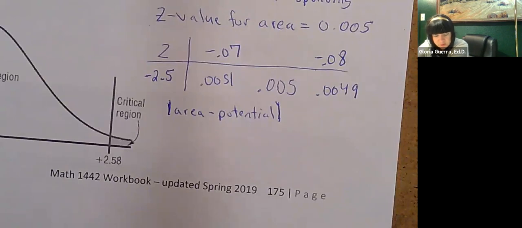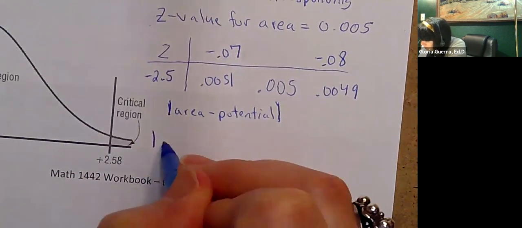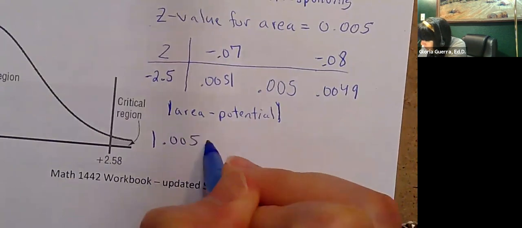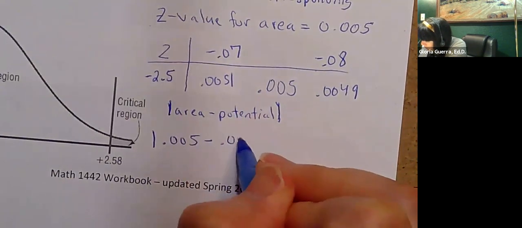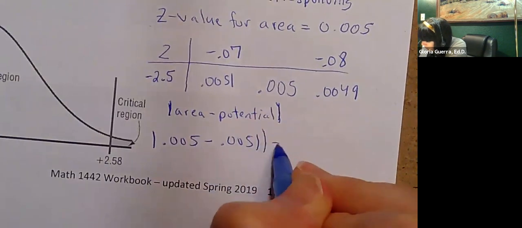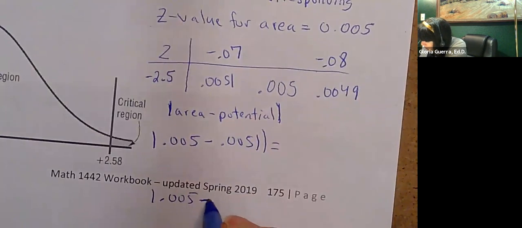And if this is the one where they're tied, then we're going to have to take the average of both z's. So here the area is 0.005 minus these potentials, 0.0051 and 0.005 minus 0.0049.